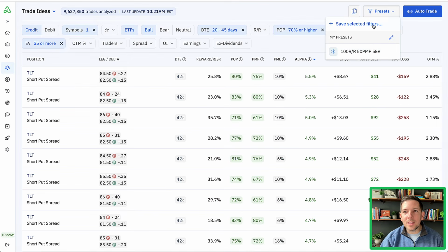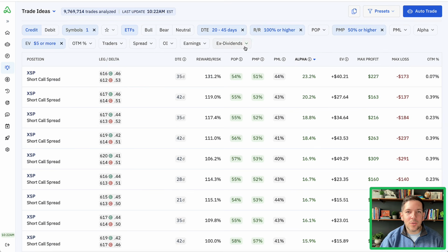One thing that I do inside my trade ideas is I have a filter for this one. This one's just looking at XSP positions that have higher than 50-50 probability of profit and a reward to risk of 100% or higher. These are great ideas. I did a video on this before, but typically I'm looking for those positions that give a lot of premium and have better than 50-50 coin flip opportunities.